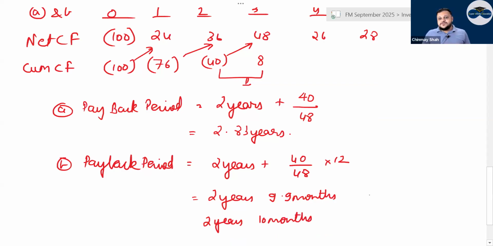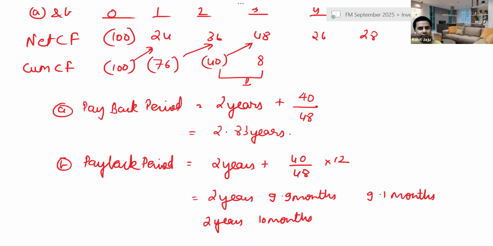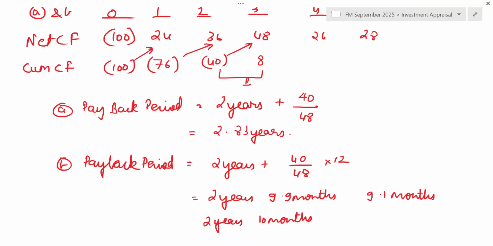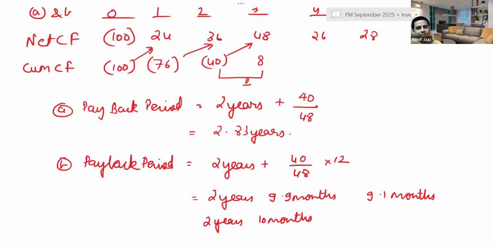But one minute. If this was only 9.1 months, would you say 9 months or 10 months? There are 3 concepts. One is rounding off, which says anything below 0.5 is rounded down.